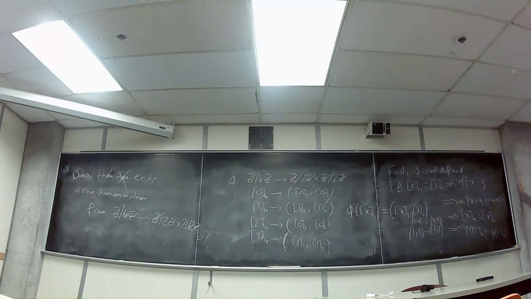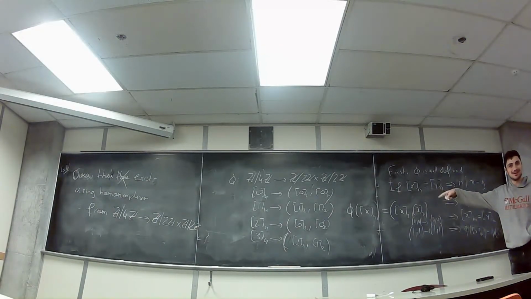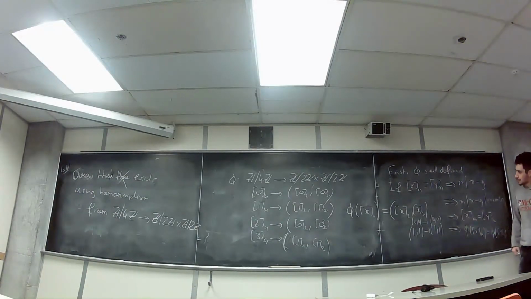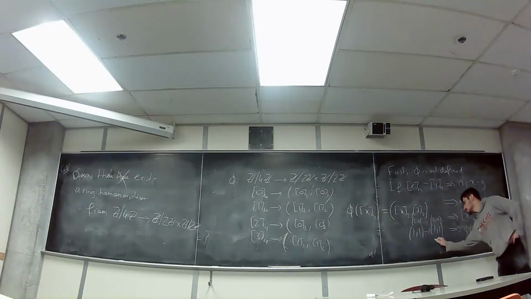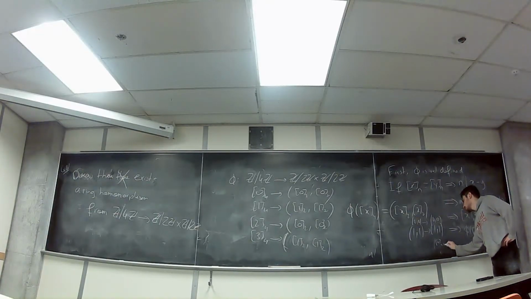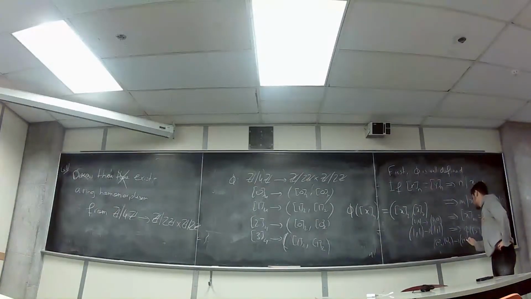Yeah, that works. But I'm trying to find all of them. If you take (a mod 4, b mod 4) and reduce it mod 2, this gives you a ring homomorphism.